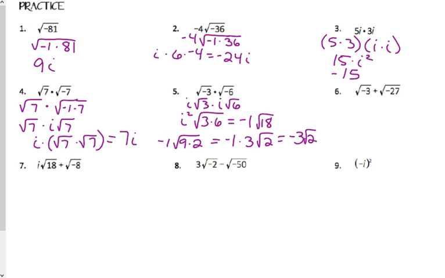Number 6 has the square root of negative 3 plus the square root of negative 27. So we are going to have to simplify those. So we're going to have i times the square root of 3.